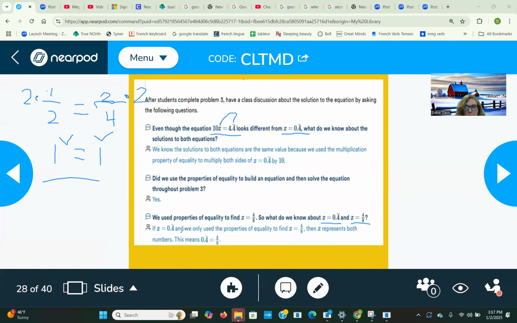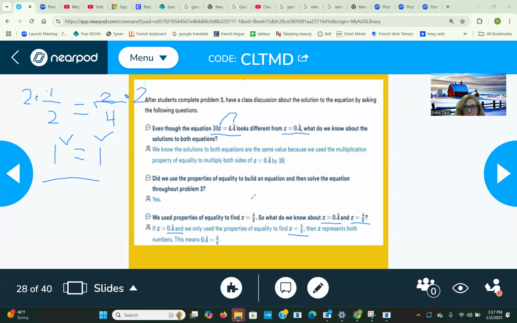We only used the properties of equality to find x equals 4/9. Then x represents both numbers. This means 0.4 repeating equals 4/9.